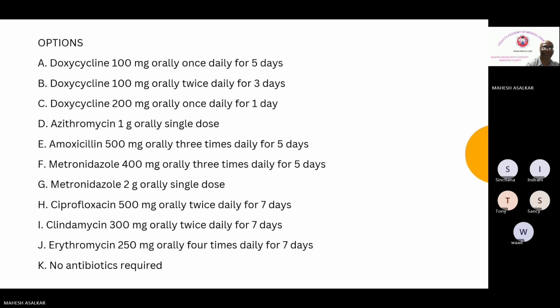So which option? B or C? Option C, 200 mg orally once daily for 1 day? No, B option. Doxycycline 100 mg twice daily for 3 days.